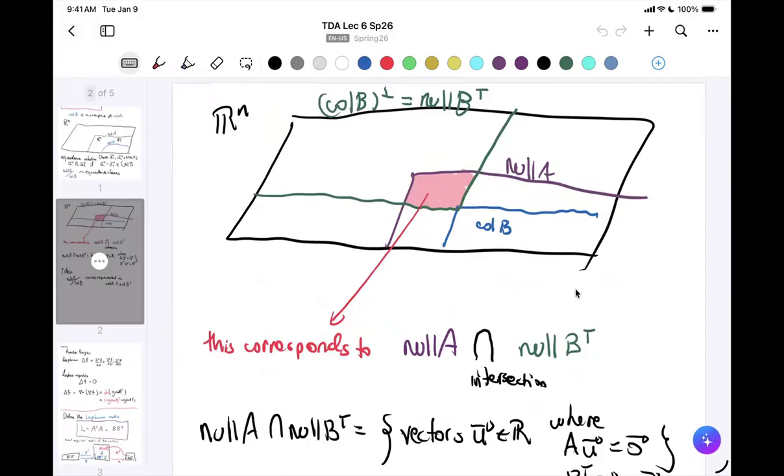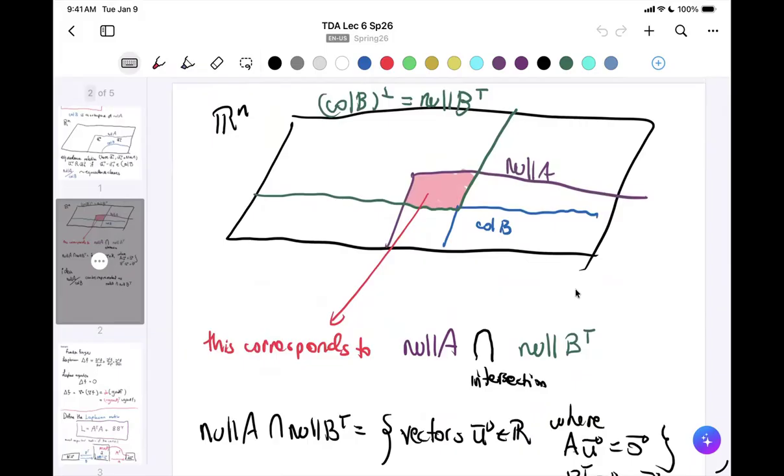What you can show, and I'm going to just do half of the proof because once you understand this half the other half is more or less the same, is that this intersection can be written as the null space of this Laplace matrix.